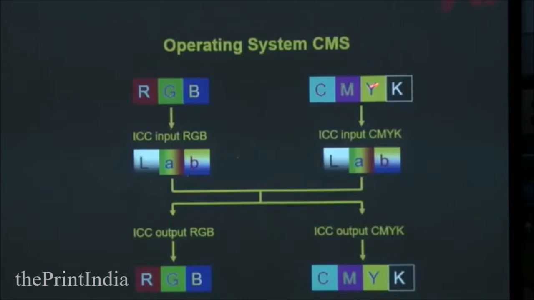The color management system can work like this. RGB file is input, converted to LAB, and then for display converted to RGB again, or for photographic output. CMYK input, CMYK converted to LAB, then for printing you may convert it to CMYK, or for display it can be RGB.